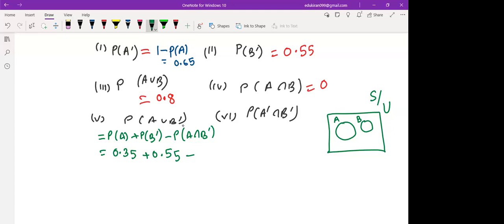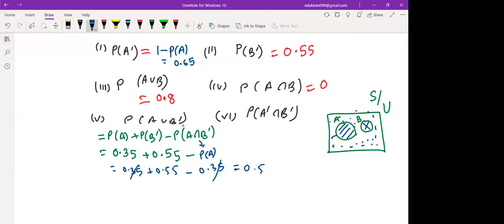The common part of B complement with A is just P of A. So this is 0.35 plus 0.55 minus 0.35, it will cancel and you'll get 0.55.